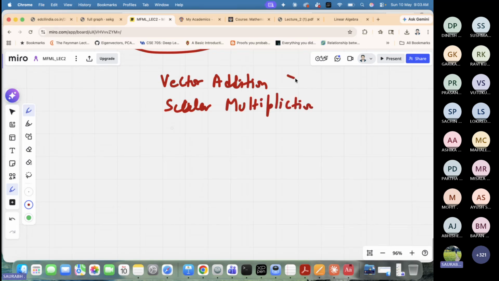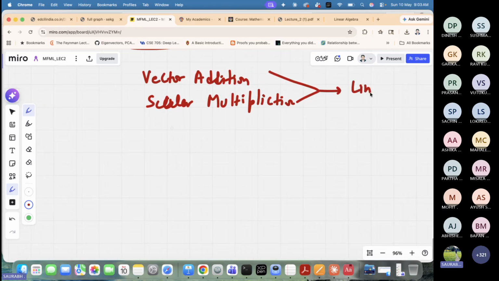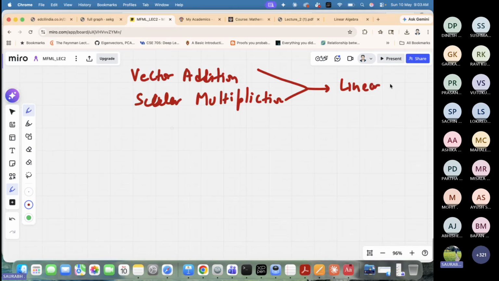These are the basic fundamental things that give rise to almost the entire linear algebra. Because you have vectors, you can add vectors; you have vectors, you can scale vectors. That's why it is called scalar multiplication. When you add them and scale them, then you do a lot of things in linear algebra.